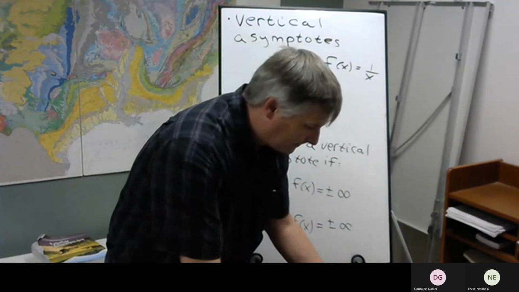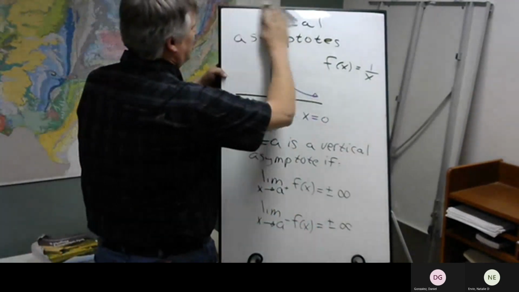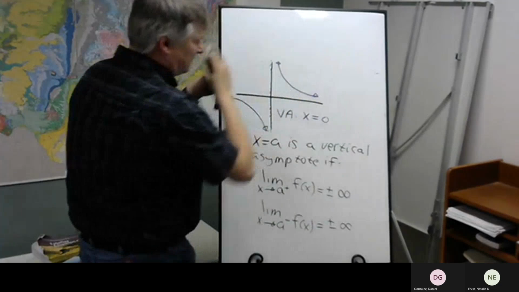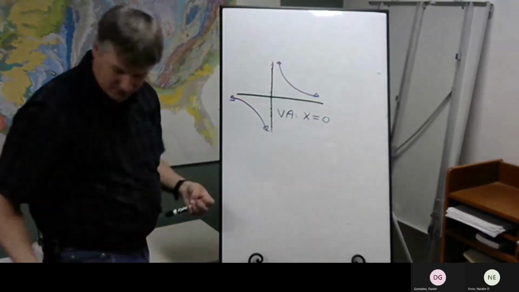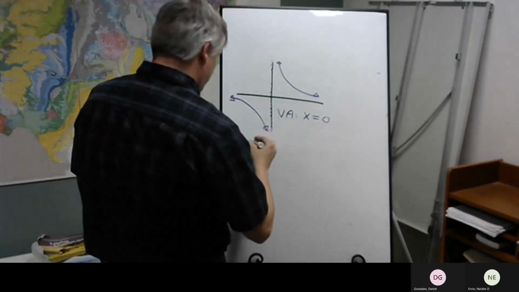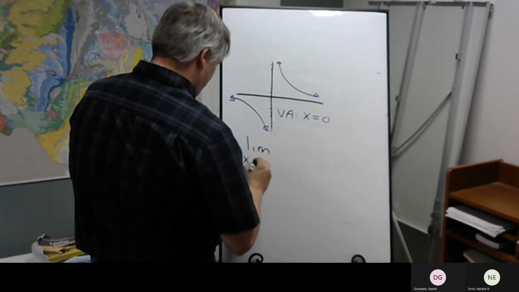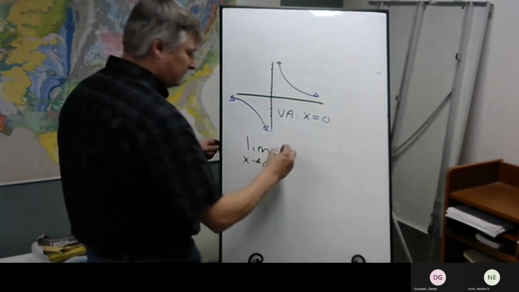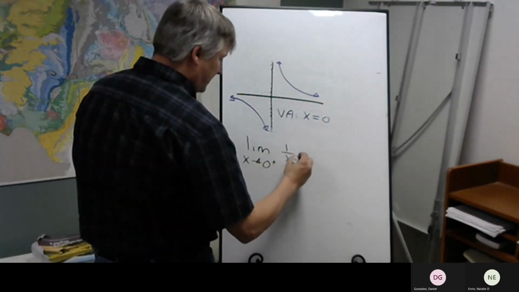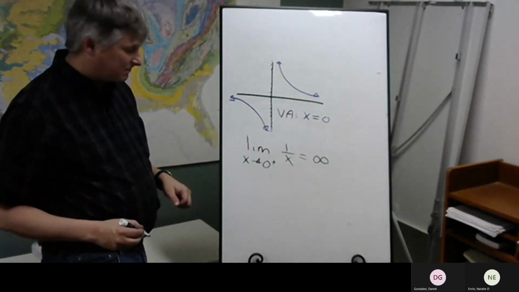So let me do an example. We'll look for some asymptotes. So in this example, here, I'll put some notes here before we jump in. For this one, the limit as x approaches 0 from the right of 1 over x, that's going to be infinity.